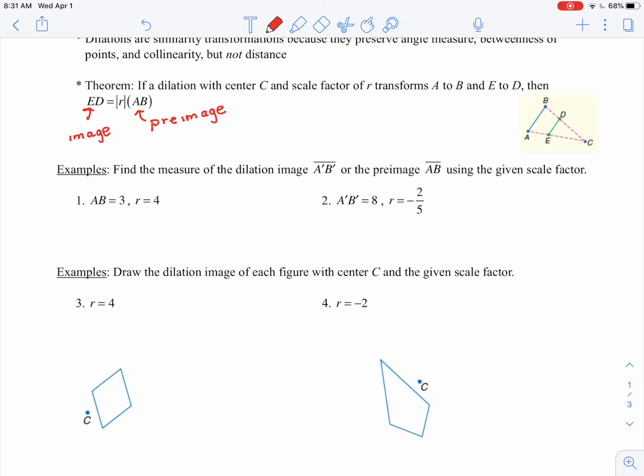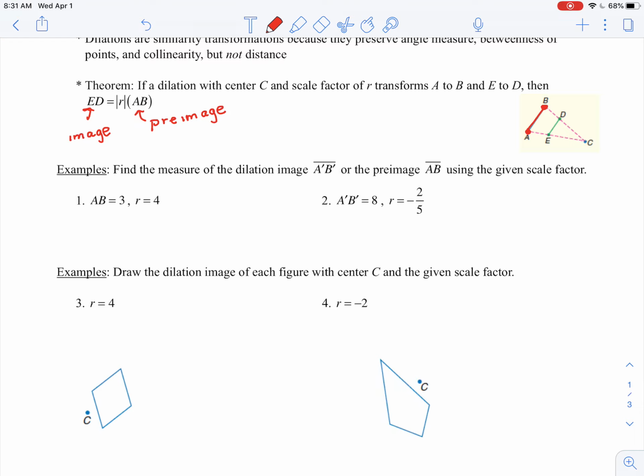If we wanted to dilate line segment AB by some factor, we would multiply the length of AB by our scale factor, and that would tell us the length of the new line segment, DE.